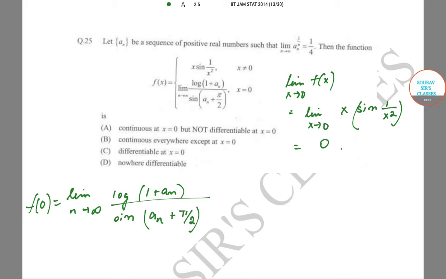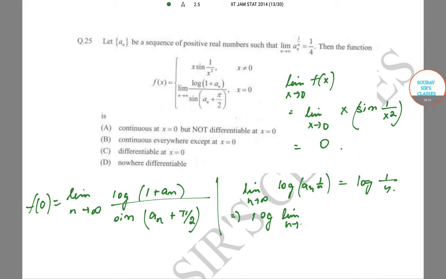Since limit n goes to infinity, log a_n to the power 1 by n is equal to log 1 by 4, we have log of limit n goes to infinity a_n to the power 1 by n equal to log 1 by 4.